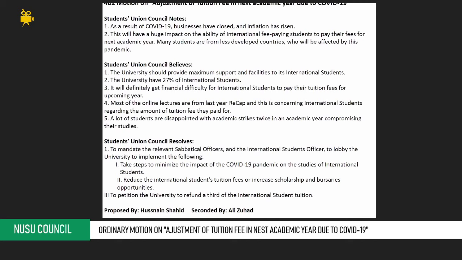So I would like to speak in favor of the motion, which is that due to COVID-19, all over the world we are leading towards a third Great Depression, and all economies around the world are going to be affected, and it will have a trickle-down effect on international students.